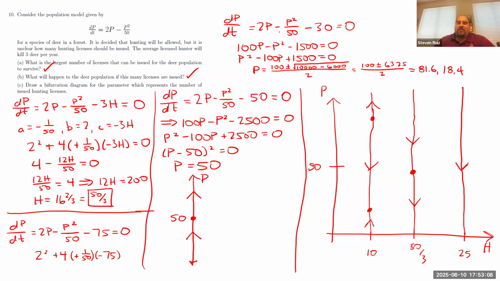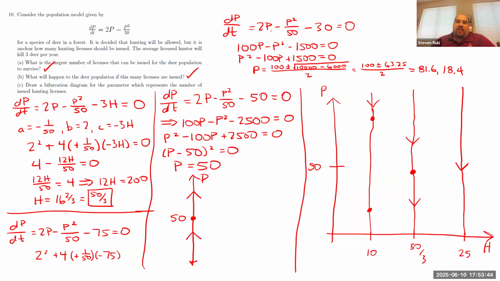Let me do it again. So that's 200 minus basically 10,000 over 50. Yep. I had all these flips, so I'm going to go ahead and just erase everything and double check.